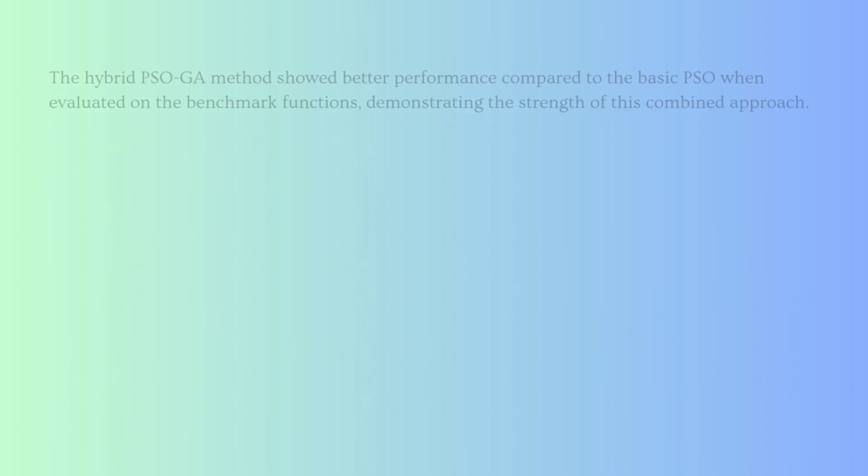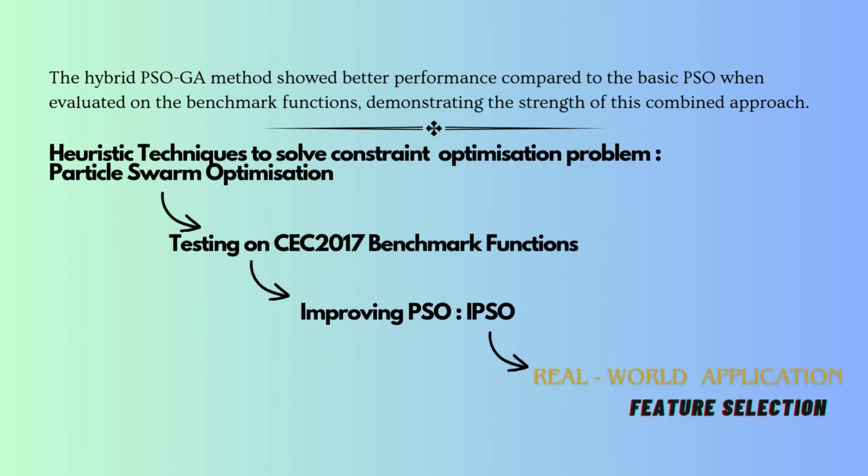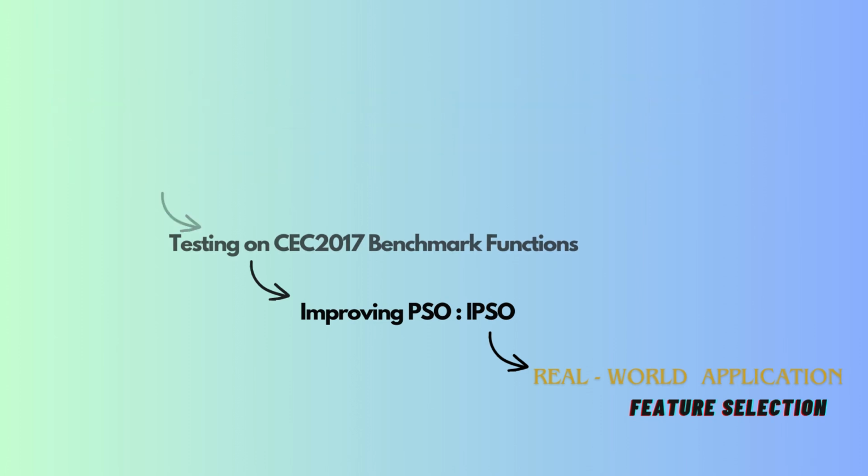This stochastic element encourages exploration of new areas in the solution space, preventing the algorithm from getting stuck in local optima. By incorporating these GA parameters into PSO, the IPSO algorithm showed significant improvements in performance when tested against benchmark functions. It not only enhanced convergence rates but also improved the quality of solutions, demonstrating the effectiveness of this hybrid approach.